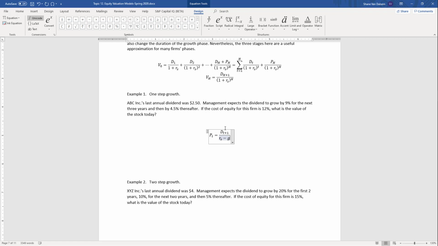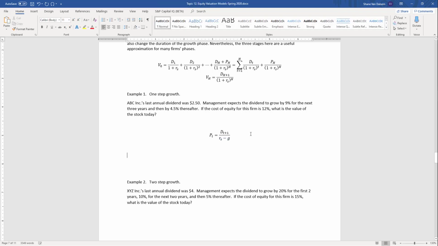So you cannot use this to determine the price at time 0 if it's a non-constant growth stock, which is the case here. So for our example, the horizon time period in this case is time 3.